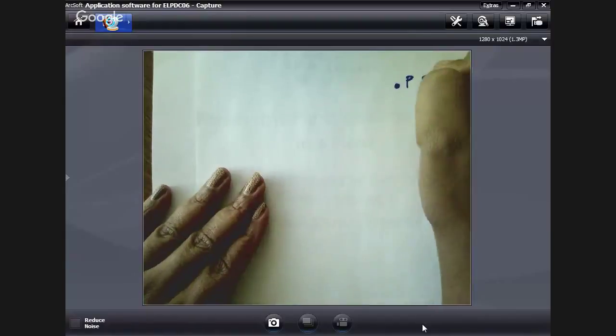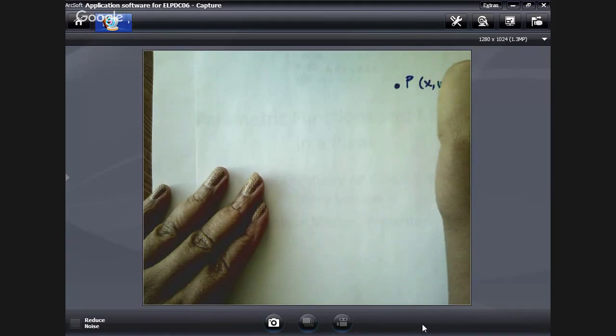Let's name the point P. Well, we normally name points with Cartesian coordinates x, comma, y. But what if x and y depended on some third invisible parameter, a variable that we call t, because time.